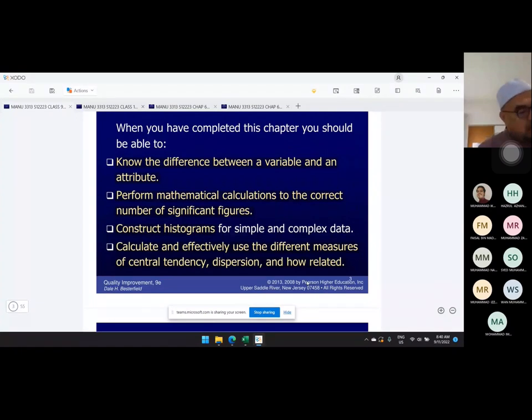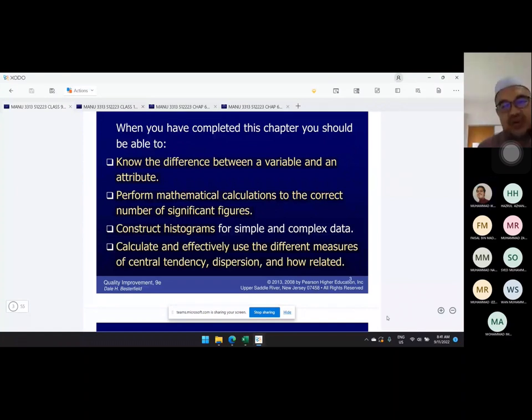Maybe QA Ikmal? Can you explain what a variable is and what an attribute is? Variable is continuous. Attribute is, what's the word? If variable is continuous, attribute is the opposite of continuous.